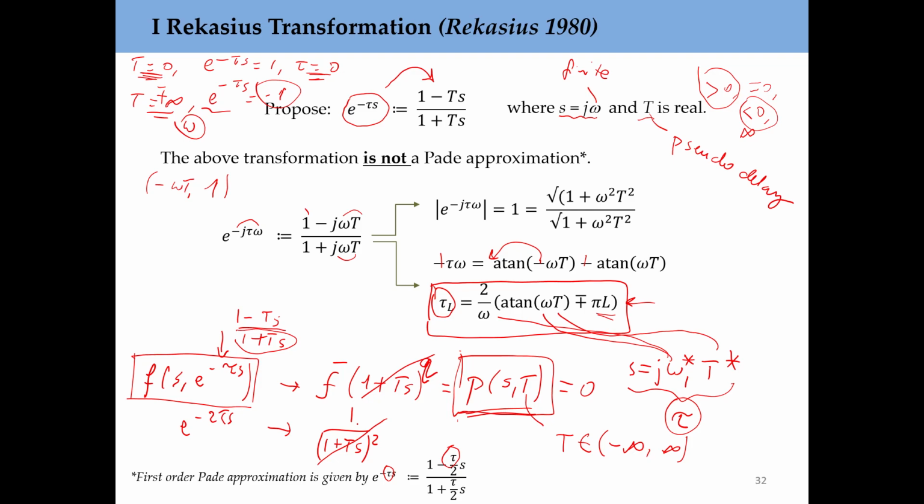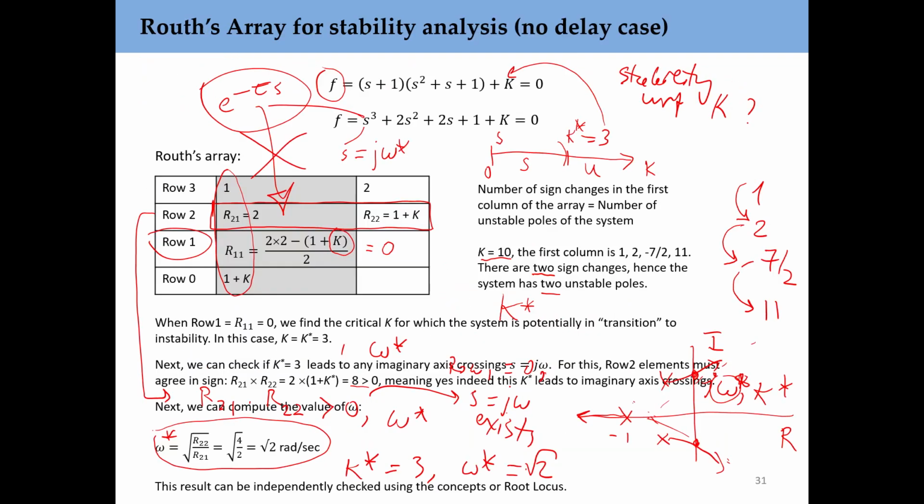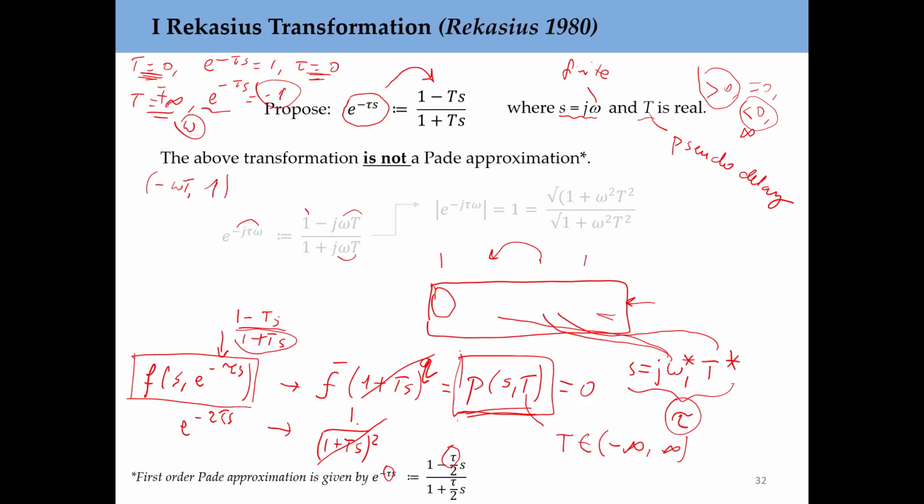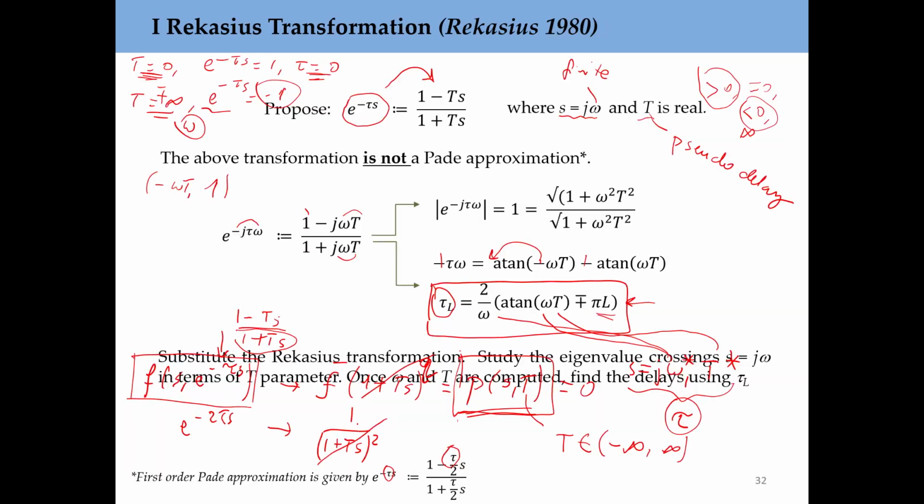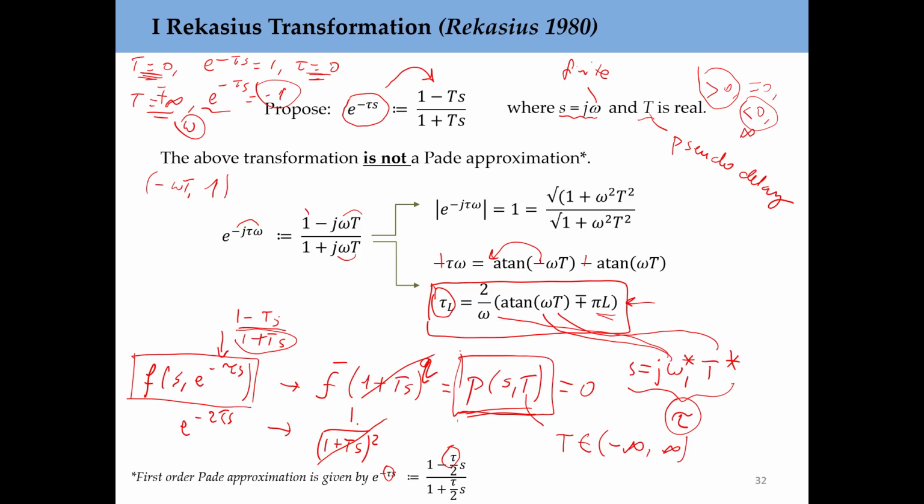Secondly, if you inspect this polynomial P of s, t, it very much looks like what we just investigated here when there are no delays. It's a polynomial parametric in k in this example, and here we have a polynomial parametric in t. And this was only possible because we used the recursive transformation to convert the system Cartesian equation into a form that is compatible with Routh's array.